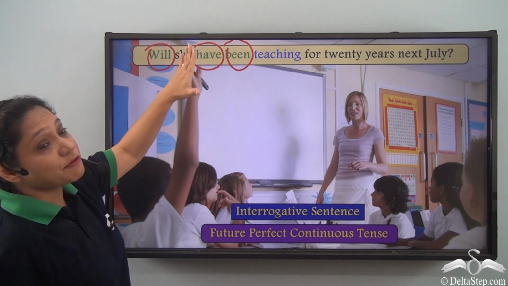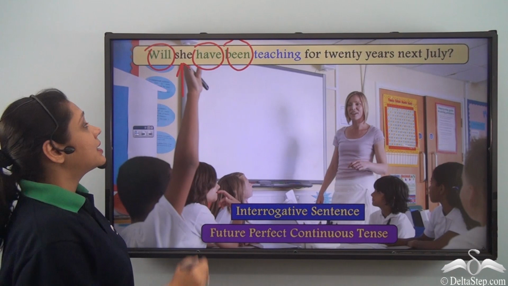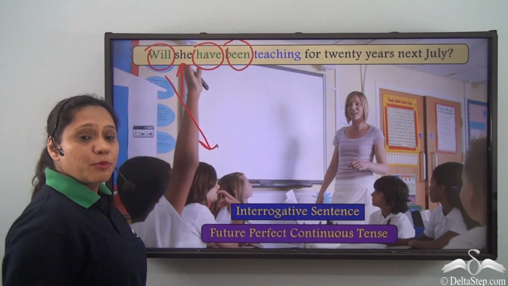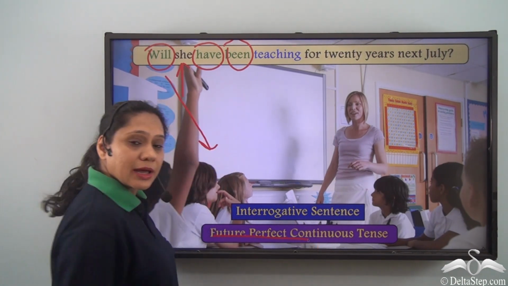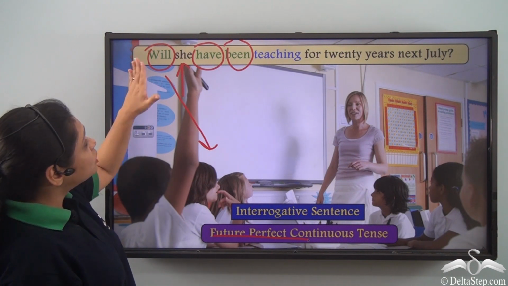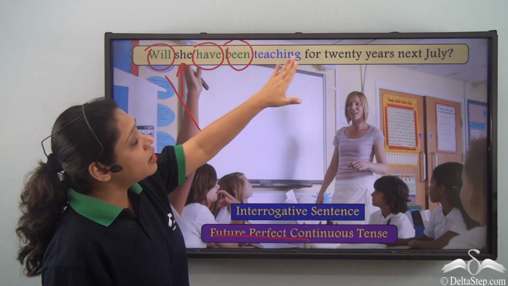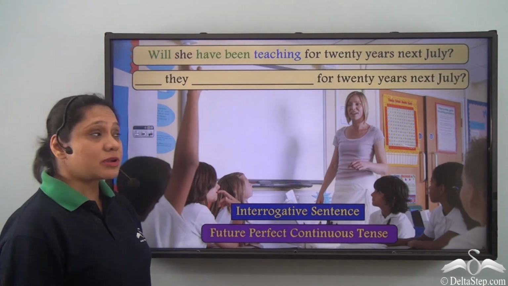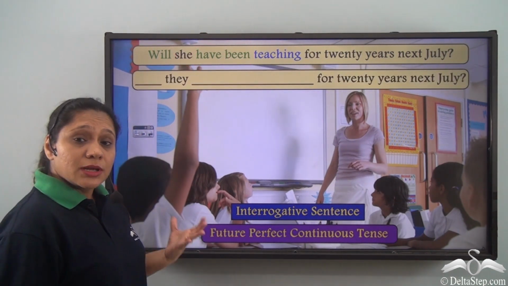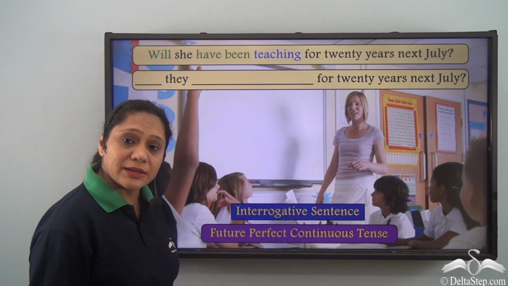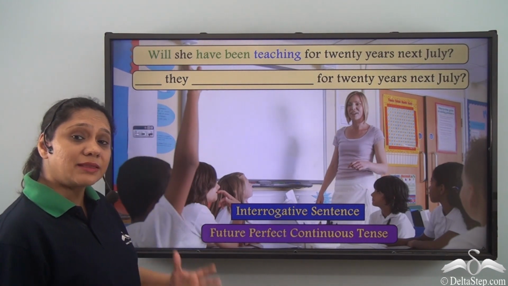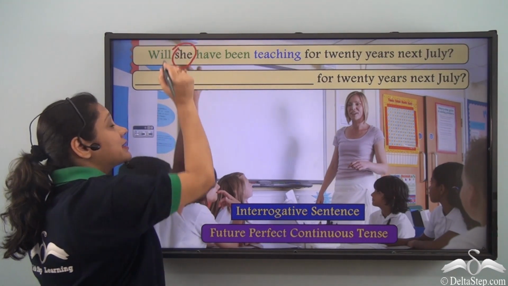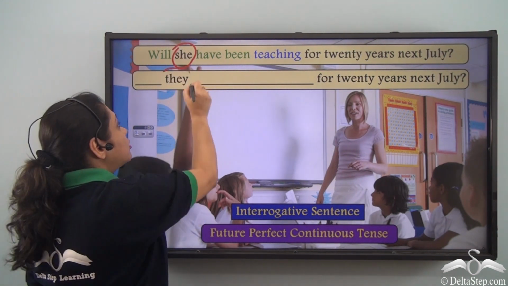Now, will have been is telling us that this sentence is portraying the future perfect continuous tense. So, will she have been teaching for 20 years next July is an interrogative sentence which is portraying the future perfect continuous tense.